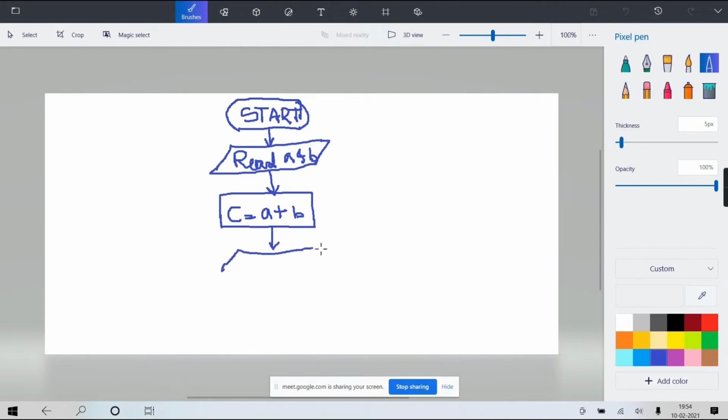For displaying also I told you which symbol: the same parallelogram. So I'll write print C. And after printing, the flowchart is over, so I'll show a logical indicator, that is stop. Start and stop, or you can also write finish inside.